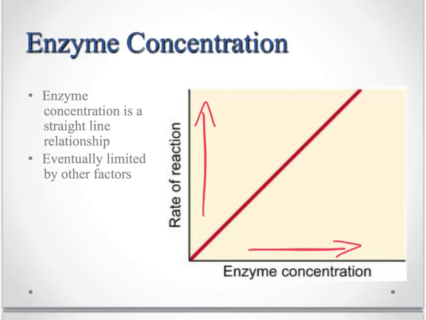So eventually we can assume that this graph will start to level off as some other factor starts to come into play. And the most obvious factor in my mind would be the substrate concentration. So ultimately the graphs for substrate concentration and enzyme concentration will end up looking very similar, but the slopes and the point at which they level off will be different.